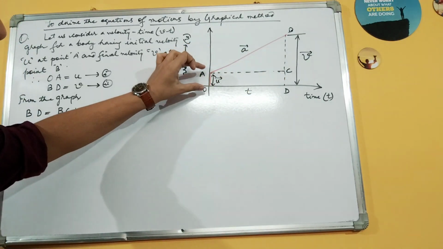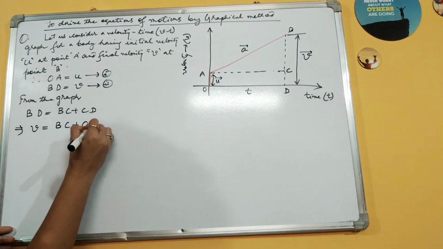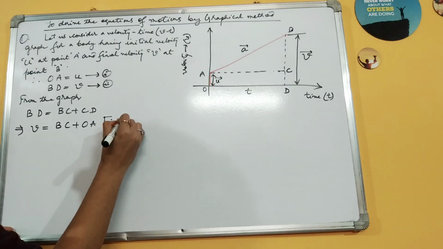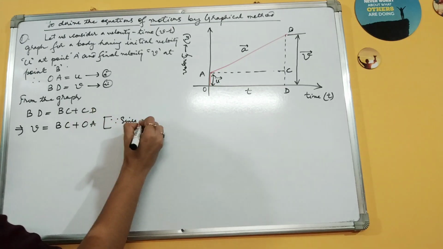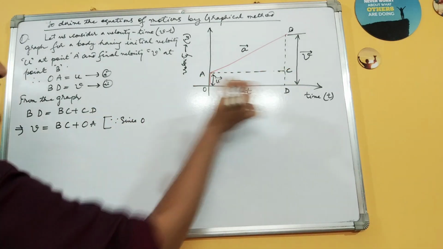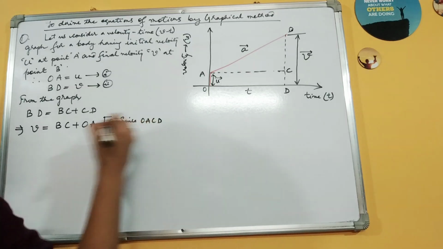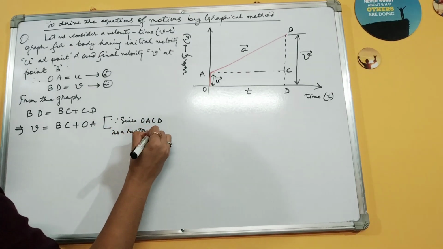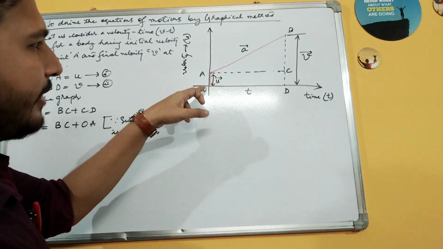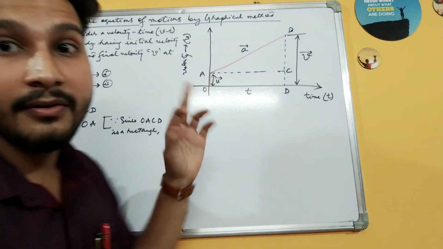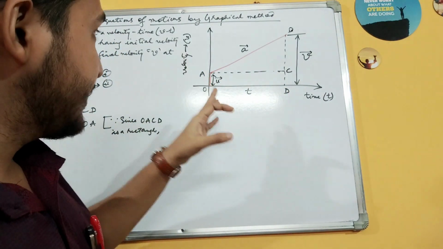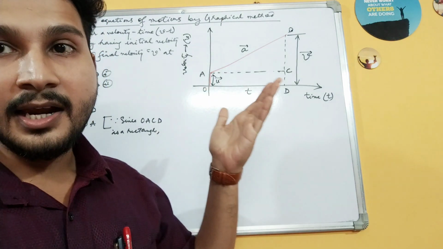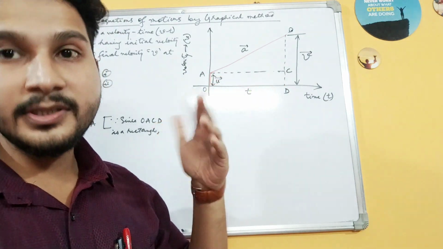Can we write OA? Why? The reason is since OACD is a rectangle, ये क्या है? Rectangle. OACD is a rectangle, and you know that in a rectangle the opposite sides are equal.